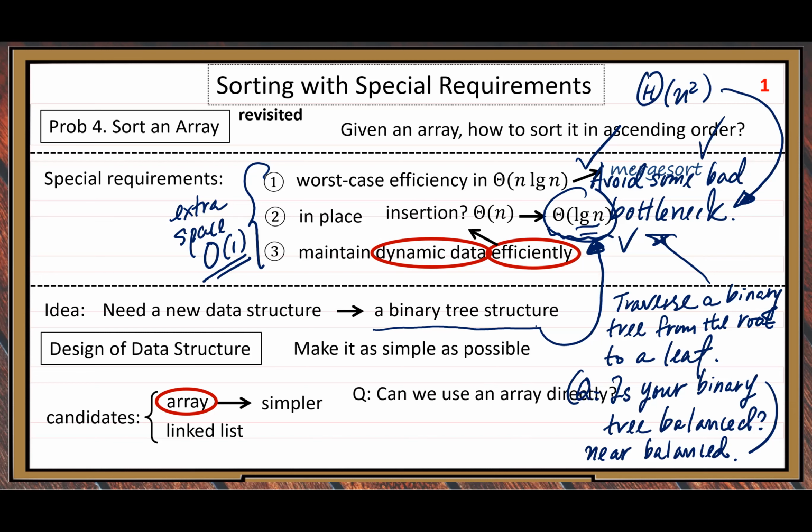But the question is, can we use an array directly here to maintain dynamic data efficiently? The answer is no. Because if we just work on an array directly without any special consideration, then the insertion step will be big theta of n.